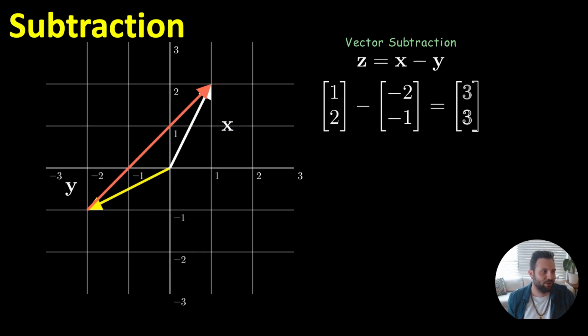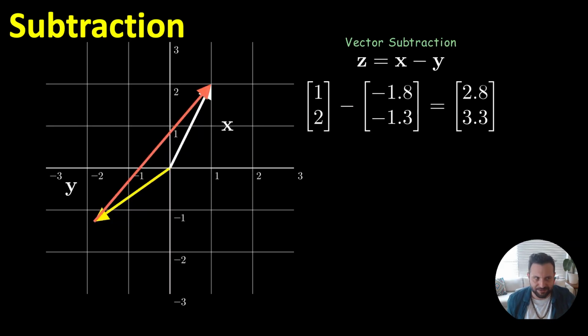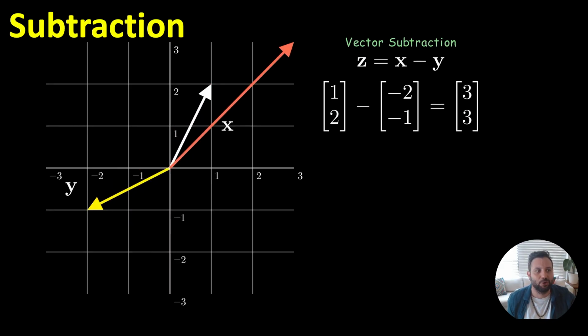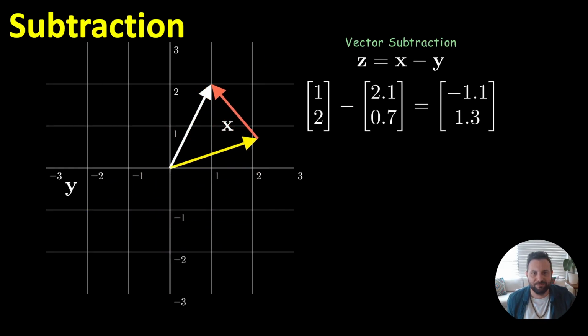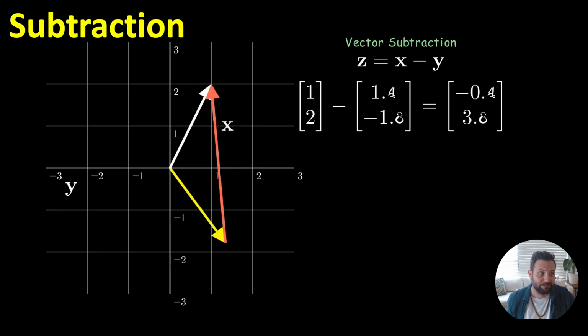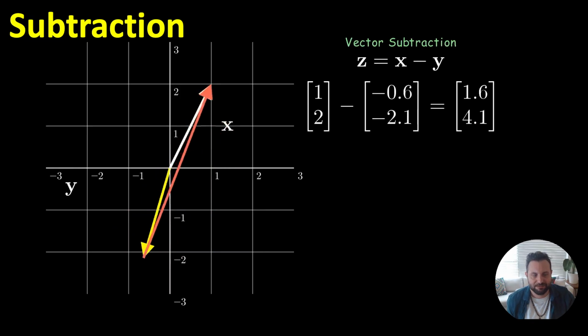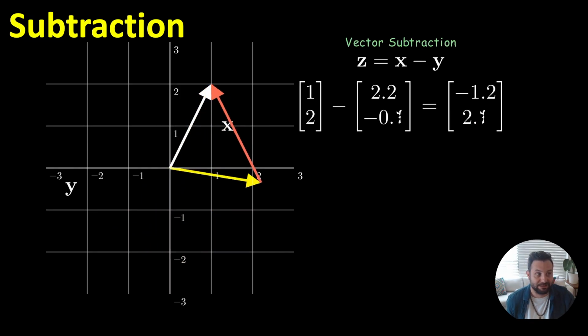So if I subtract, I see the difference, I get a vector which is the subtraction of the two. And I'm going to now change the yellow vector, the one that is subtracted from x, for different values. If I keep changing the yellow, you see that the subtraction vector, the red one, can take any value.